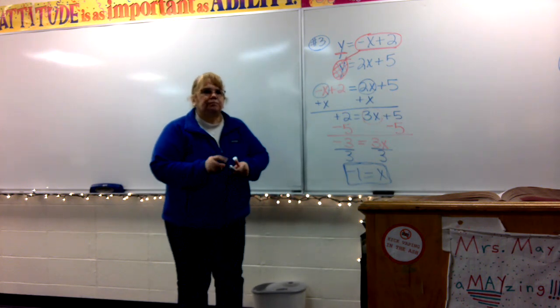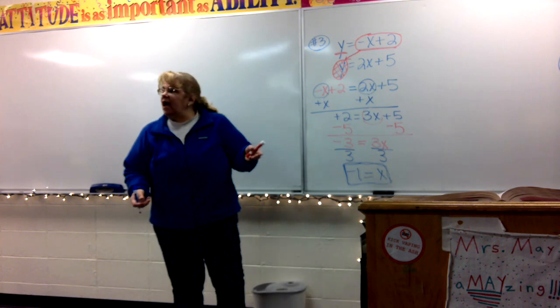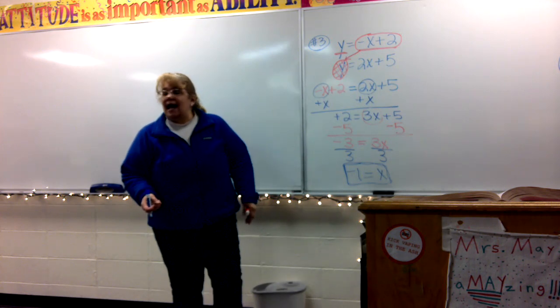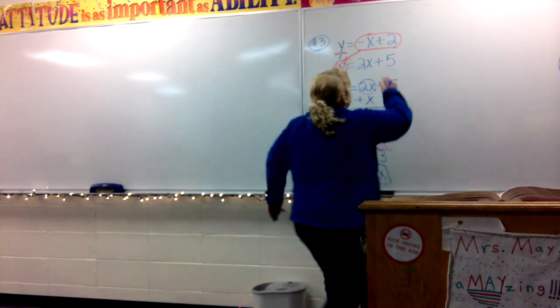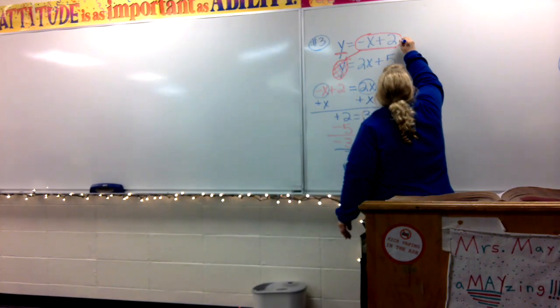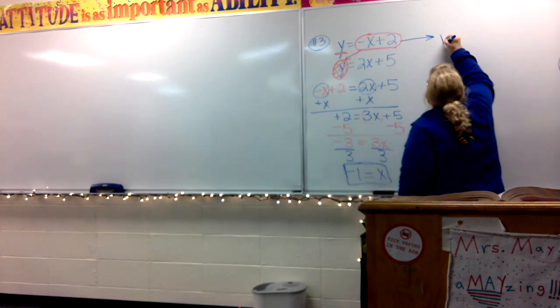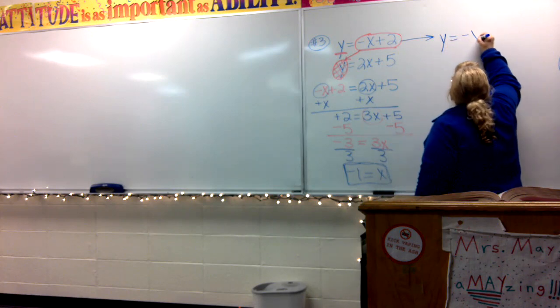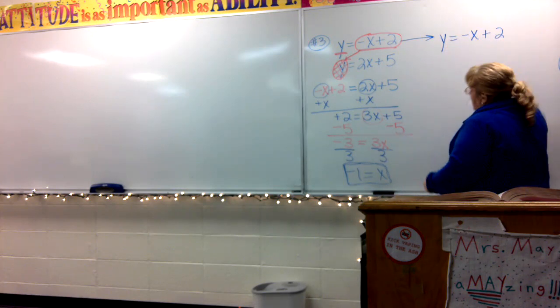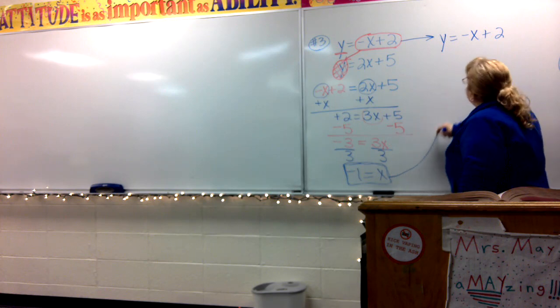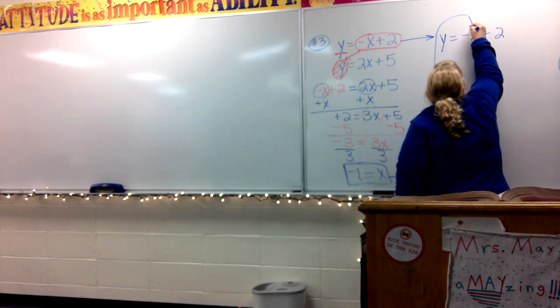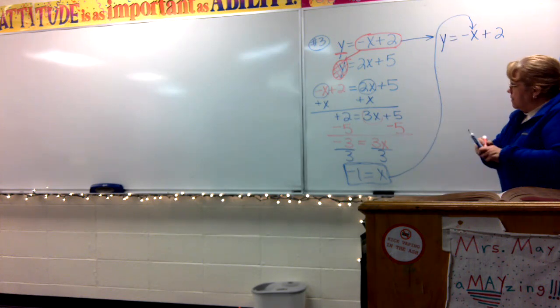Negative 1. Now, remember, you have to have an x and a y. So what we're going to need to do is go back to the one that we used for substitution. The y equals negative x plus 2. And we're going to substitute this back in.